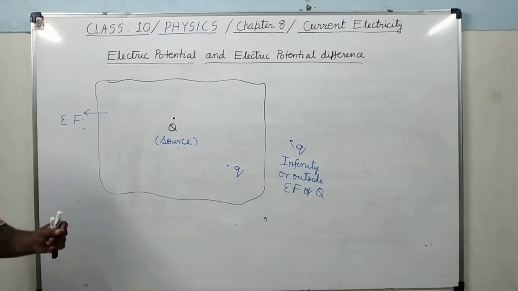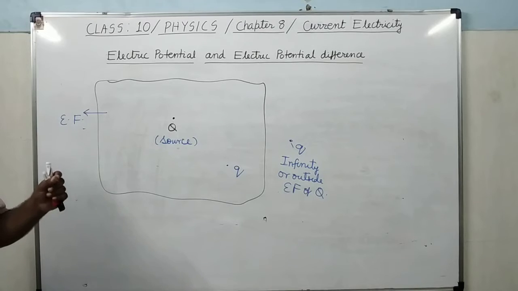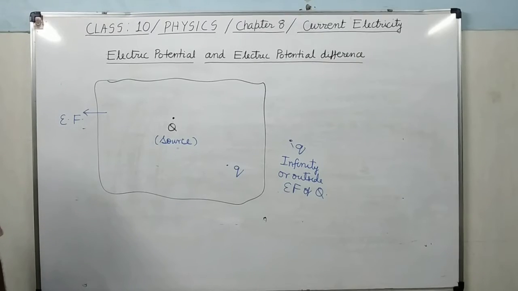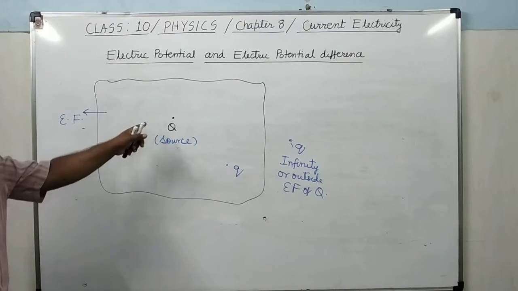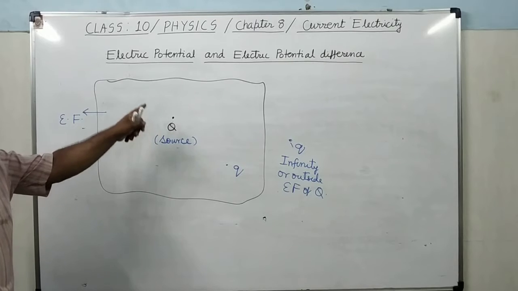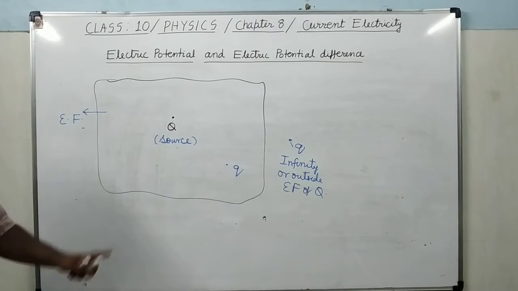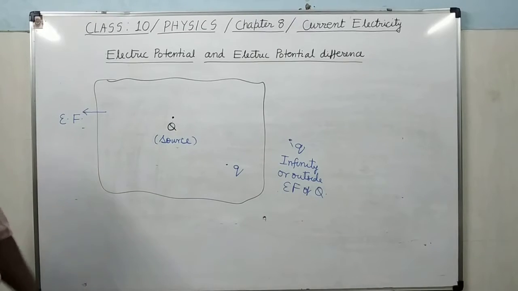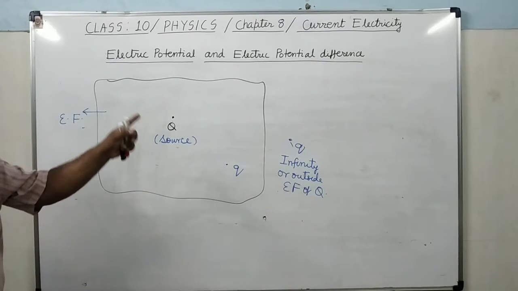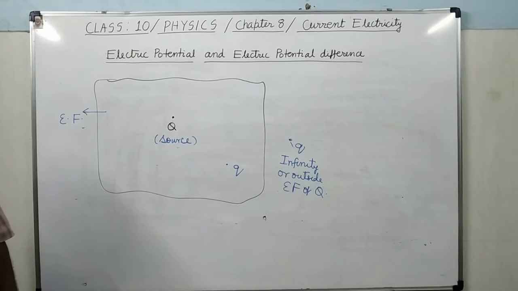Means we can say that every charge is surrounded by its own electric field. The strength of the electric field will depend upon the magnitude of charge. If the charge is stronger, it will produce a stronger electric field in its region. If the charge is of smaller magnitude, it will produce a weaker electric field around it.